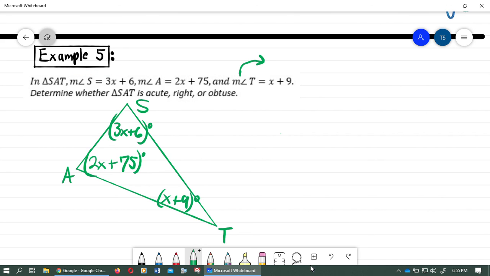What I'm trying to do is make that look somewhat like a triangle. Those three angles that they gave you here are interior angles, and we know that because when they just give you a triangle and they just say angle S or angle T, then they're talking about one of the interior angles, especially if they didn't ask you to draw out an exterior angle. So here they've given you all three interior angles.